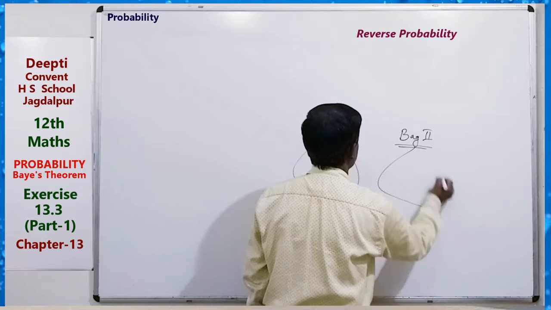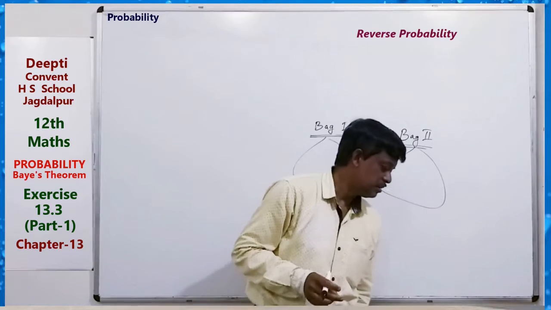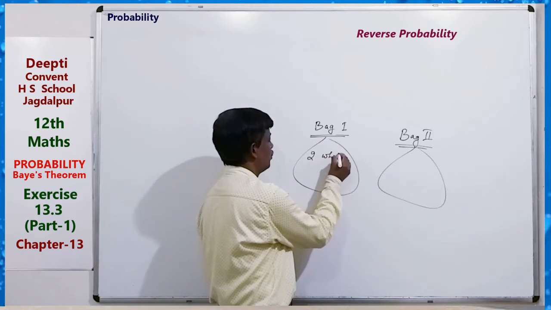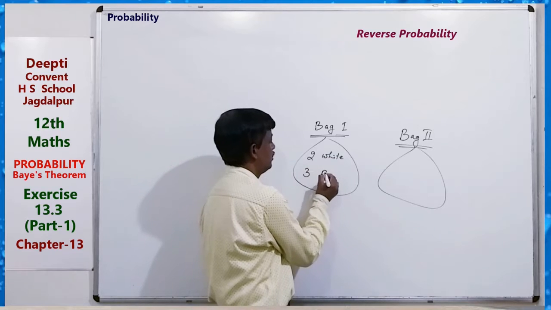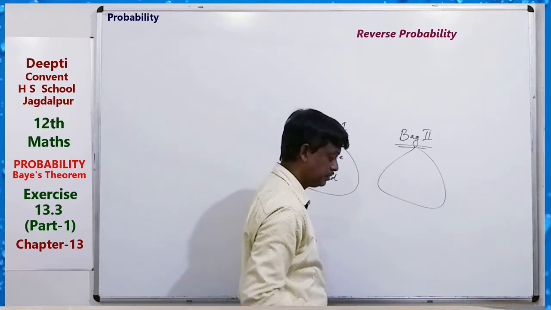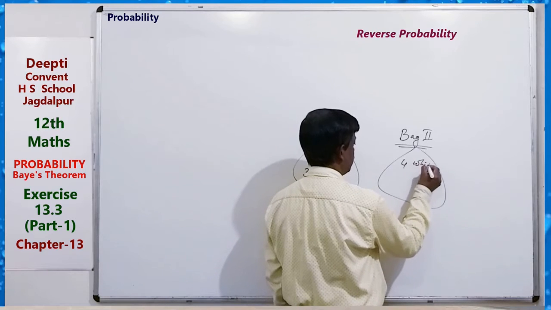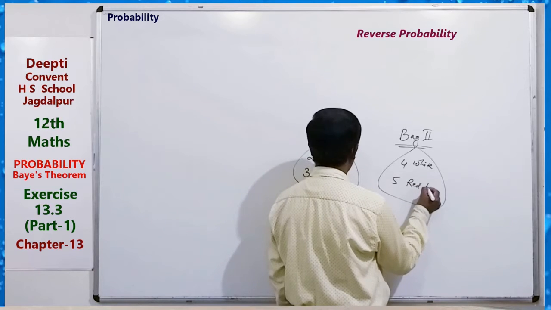Suppose we have two bags. The first has 2 white and 3 red balls. Similarly, the second has 4 white and 5 red balls.